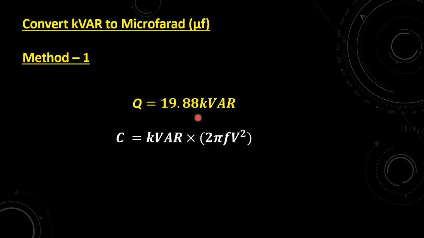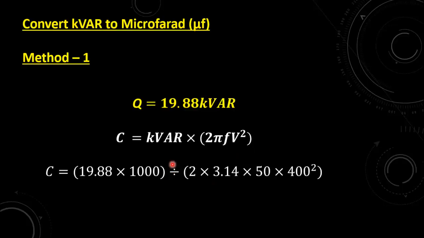If you use the single-phase kVAR, then you need to put the single-phase value of the voltage here. Now putting all the values in this formula, I take 50 Hz and 400 volts phase to phase. The value of the capacitor comes out to be 3.95 times 10 to the power minus 4, or in microfarad, 395 microfarad. So if you add this much capacitance to the system, this capacitor will provide 19.88 kVAR, which improves the power factor of the total 50 kilowatt system from 0.75 to 0.9.